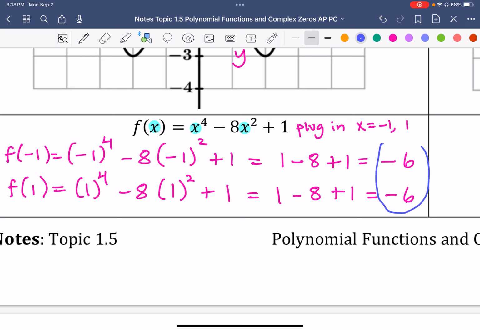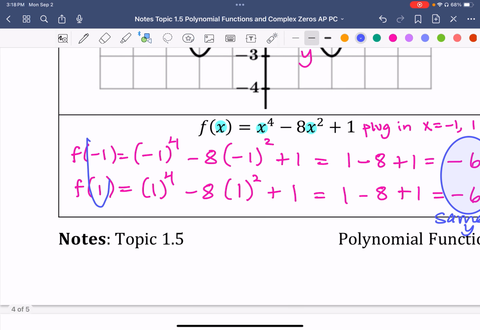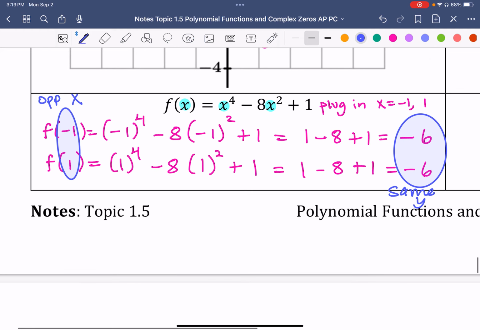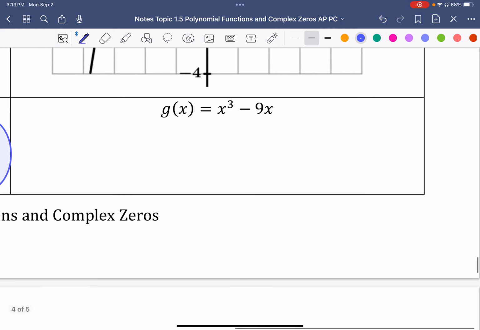So notice that I have the same exact y values when I plugged in opposite x values, because I plugged in a +1 and a -1. So for even functions, if you plug in an opposite x value, you're going to get the same y value in return, okay?